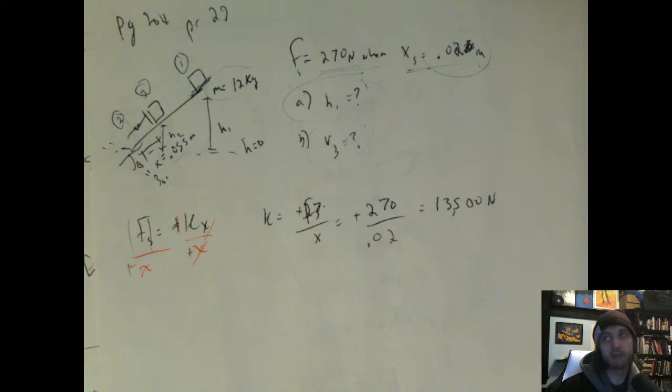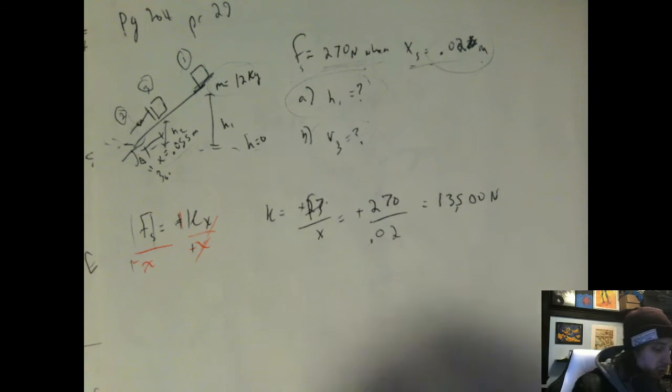Great. So now we have k, and k is no longer a variable. We can go ahead and use k when we're trying to figure things out. Cool. So I'm being asked about location 1. The place where I know more right now is location 2. I know that it stops at that point, and I know how much it compresses at that point.